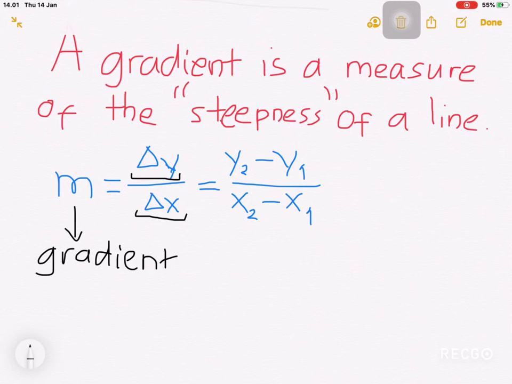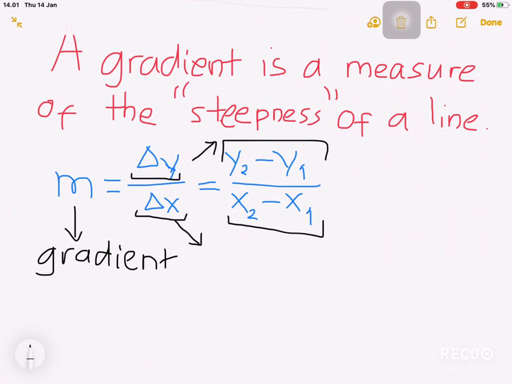What these mean are the change in the y direction, meaning the change in the up or down direction, and this will tell us the change in the left or right direction. Usually we rewrite these as follows, and you may be wondering what these x2 and x1 represent.